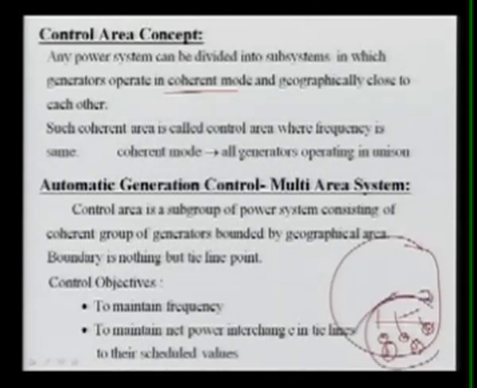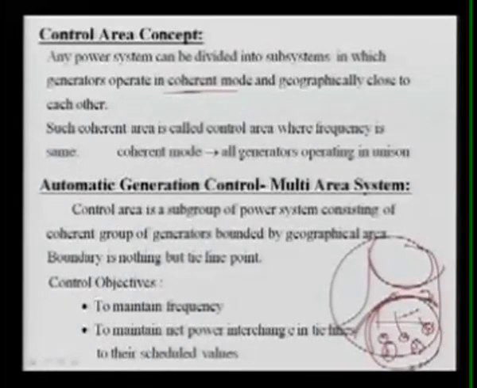Then we can say this is one control area, and we can have another control area here. So such a coherent area is called a control area, where the frequency is the same. Similarly here the frequency is the same, so we can have different areas. In the coherent mode, all generators operate in union.